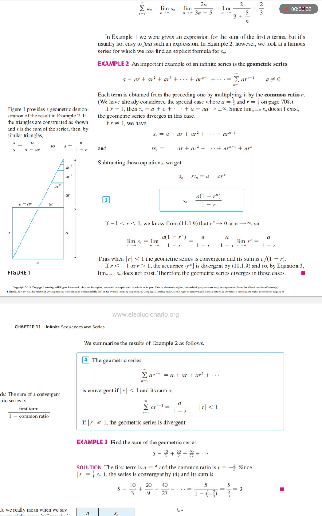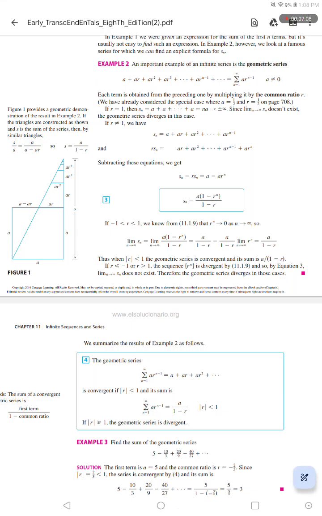If R is less than or equal to negative 1, or R is greater than 1, the sequence {R to the power n} is divergent by 11.1.9. And so by equation 3, the limit as n approaches infinity of S sub n does not exist. Therefore, the geometric series diverges in those cases.